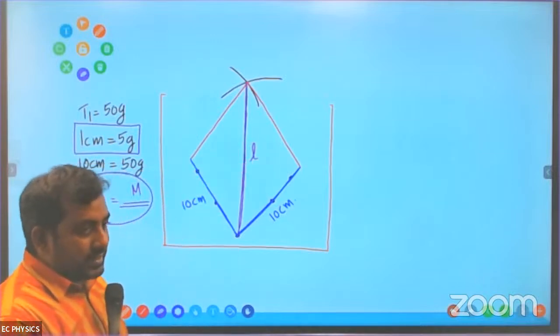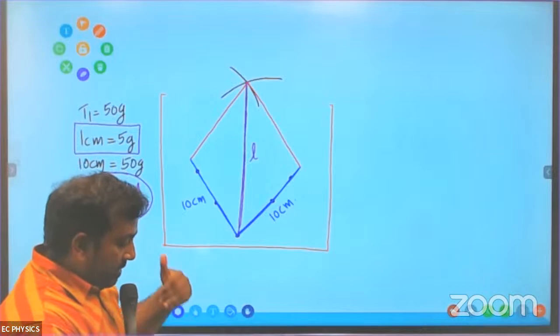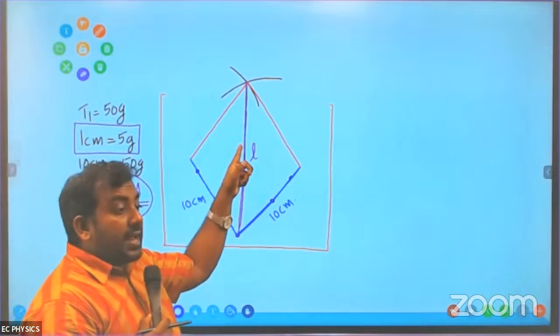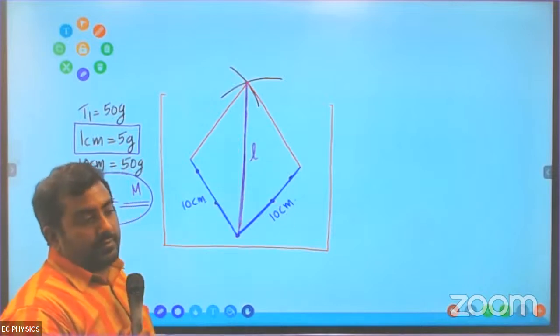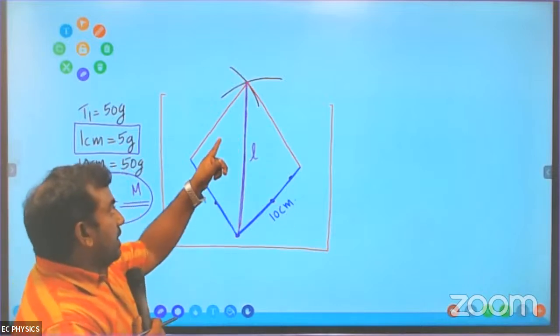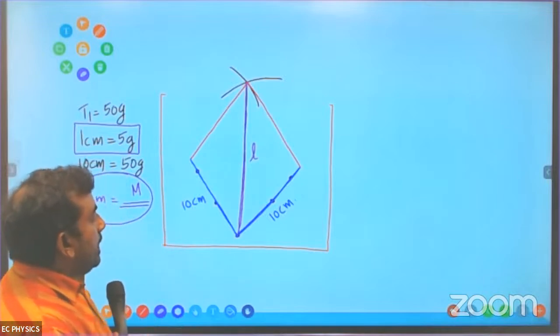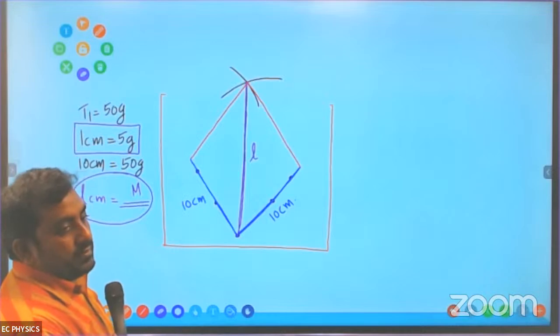And we check if the diagonal is vertical.